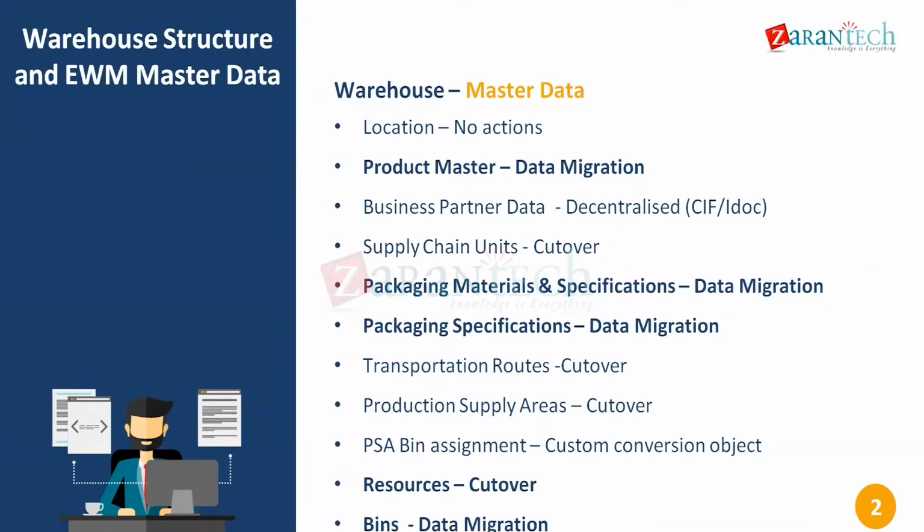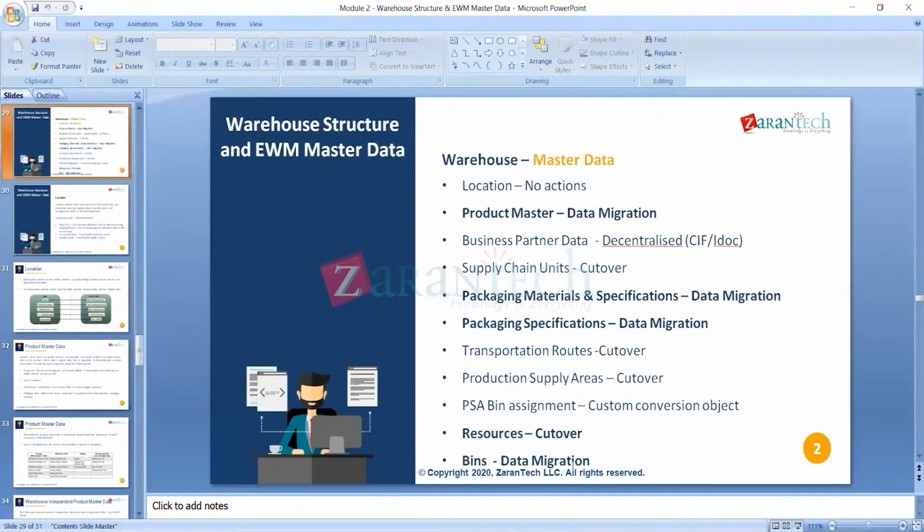Like we have an upload transaction for bins and bin sorting, we also have an upload transaction for loading the 561 stock into EWM. If you have time, you can try the template. It's in the material folder. As we go ahead, we'll talk about that data migration activity as well. That will be a good one to see. Yeah, we will go for that.